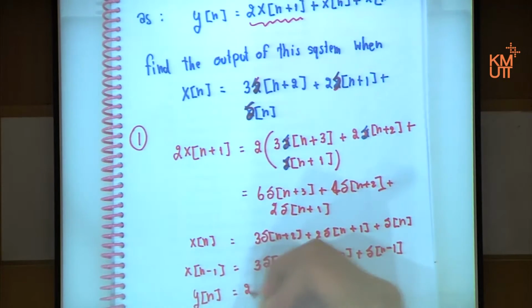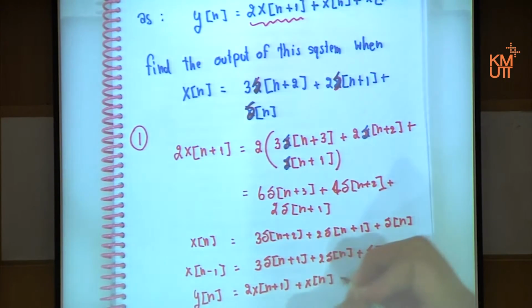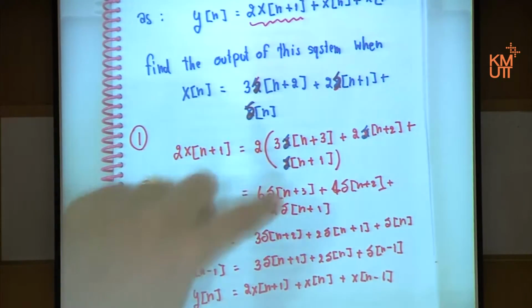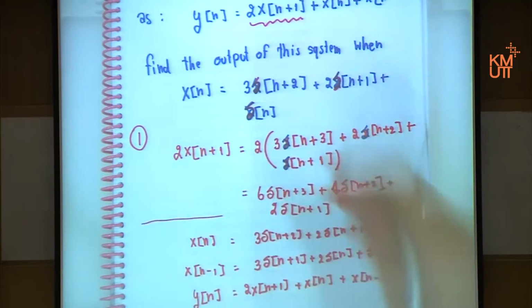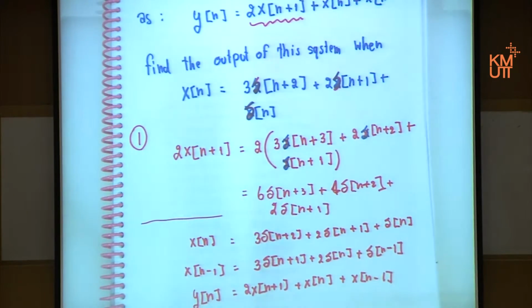Because y[n] equals 2x[n+1] plus x[n] plus x[n-1], it must be equal to all of this summation. You can draw them as stem plots, draw the picture for each of them and then sum the stems that occur at the same position together.